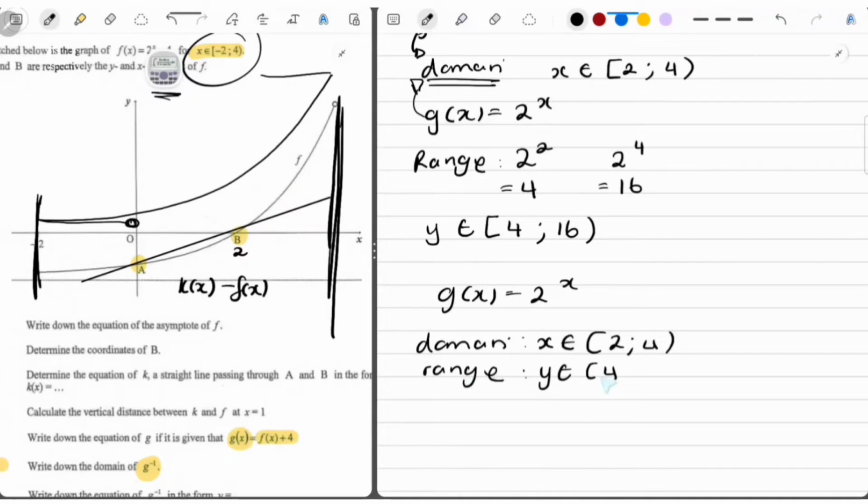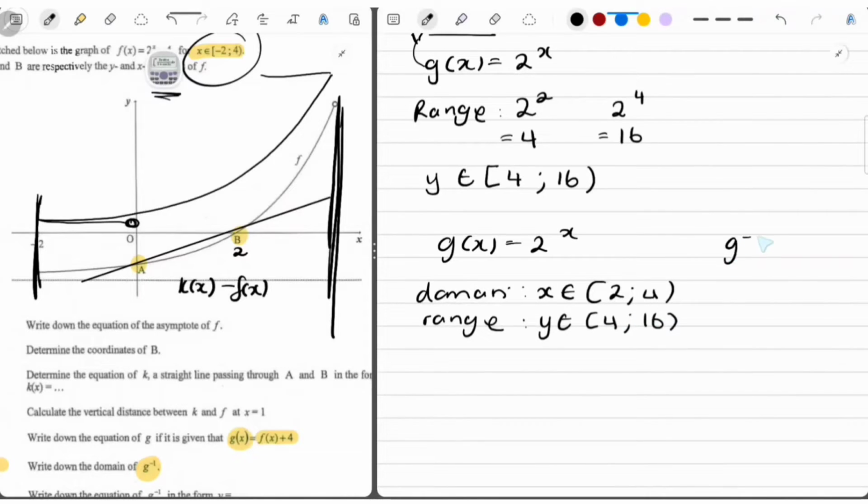and its range was y is an element of going from 4 to 16. So it means that the inverse of g, the domain of the inverse of g, is going to be whatever the range of the original was. That's how it works. So the range was this. That's going to be the domain.